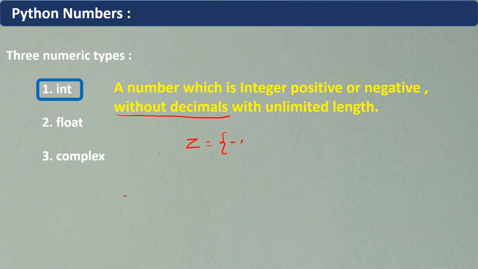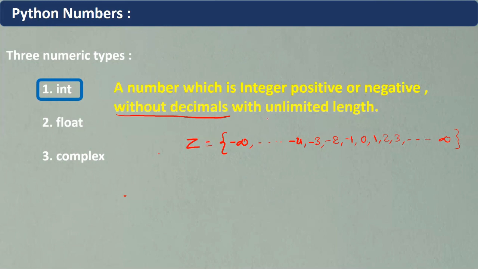That means minus infinity to any number. For example, -4, -3, -2, -1, 0, and then 1, 2, 3, and so on up to infinity. Here the main thing is you are not going to have any fractional part. That means there is no dot in any number. That is what without decimals means.